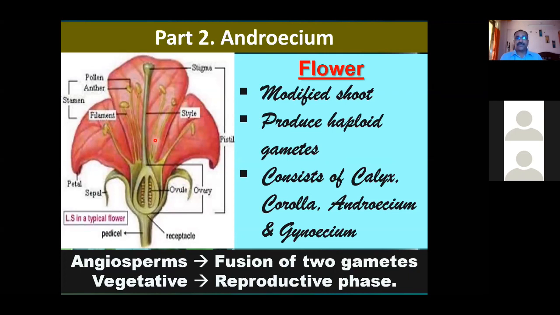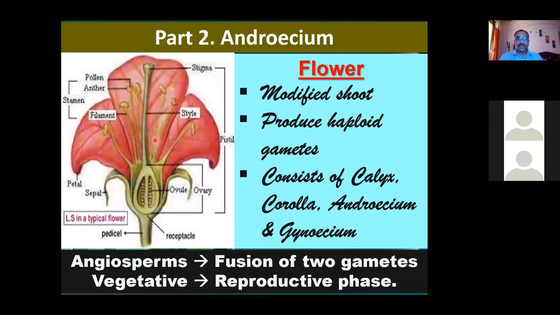All the angiosperms have a specialized sex organ, a specialized shoot for the purpose of reproduction. That specialized shoot we call a flower. Wherever you see a flower, we can say that the flower-bearing plant is an angiosperm, and that flower is a sexual reproductive organ, for the purpose of sexual reproduction.